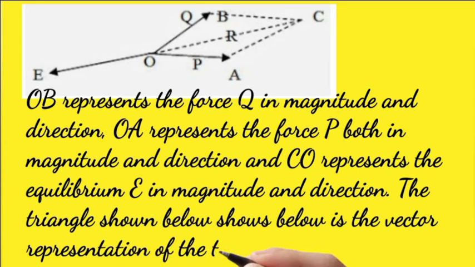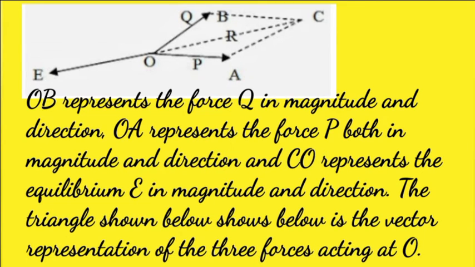The triangle shown below is the vector representation of the three forces acting at O. That is to say, you can take any of the triangles, triangle OCA or triangle OQC. Because a triangle has three sides, you have triangle OQC, or triangle OCA.